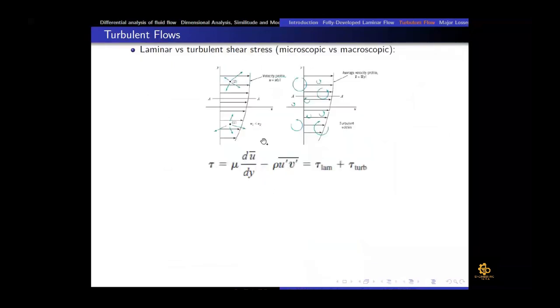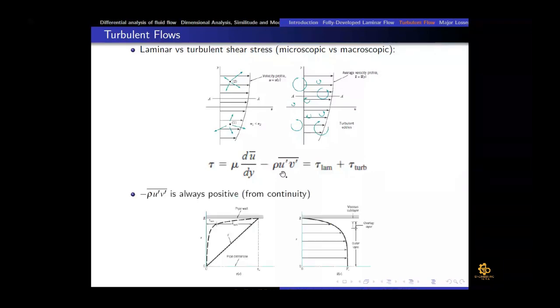So this was the concept of microscopic and macroscopic shear stress. Macroscopic means that it is due to the macroscopic motion of those vortices, and microscopic is the translation between the layers due to oscillation. So you can see here that tau turbulent is minus rho u prime v prime, and I have told you that this product is always negative.